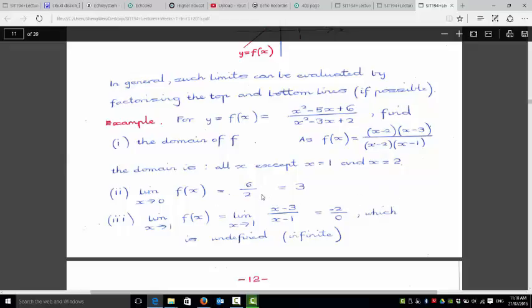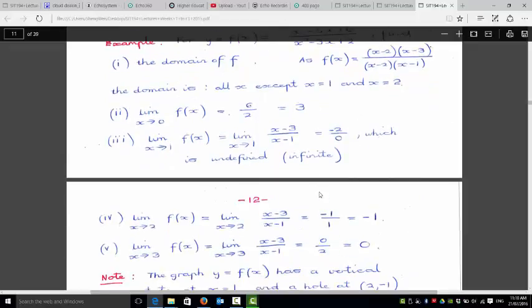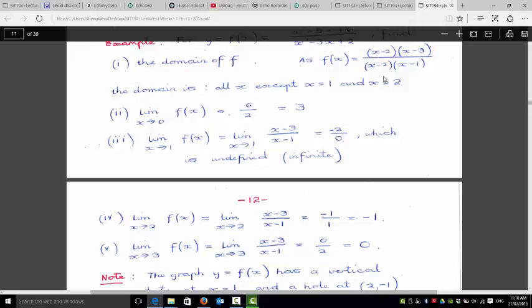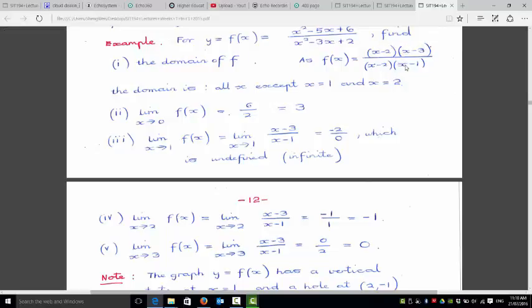Yes, it is 3. We can also calculate f(x) when x approaches 1, because according to the factorization result, x minus 1 will become 0 when x approaches 1.